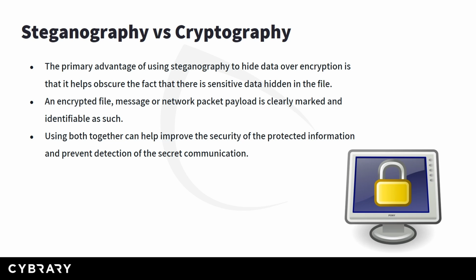Steganography is distinct from cryptography, but using both together can help improve the security of the protected information and prevent detection of the secret communication. If hidden data is also encrypted, the data may still be safe from detection, though the channel will no longer be safe from detection. There are advantages to using steganography combined with encryption over encryption-only communication.